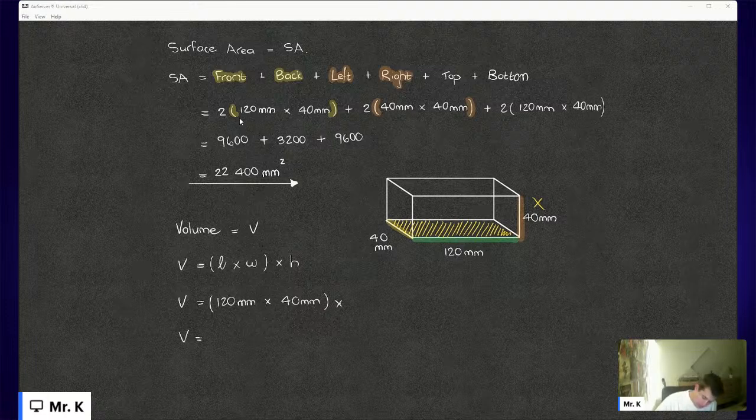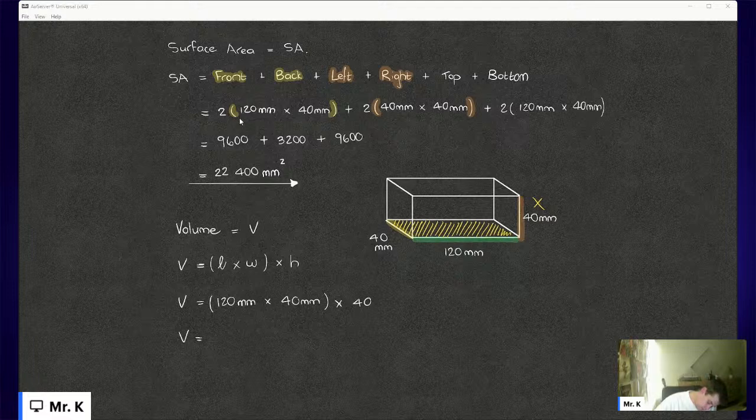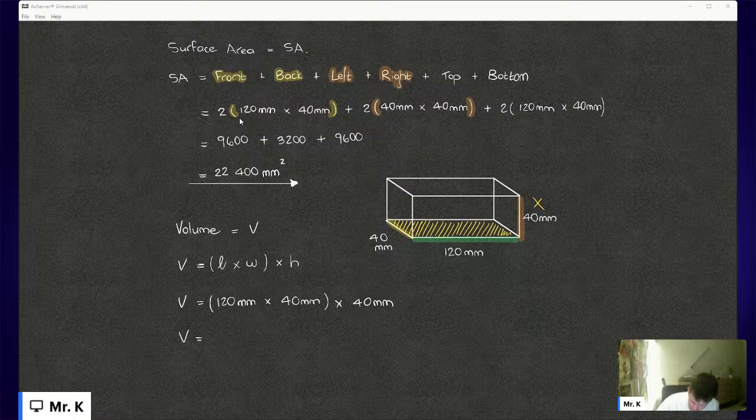But if we multiply by the height, look at what happens with all of the millimeters, all of the units. There's a total of 3 of them that are being multiplied together, right? Again, you can go and put this into your calculator if you wanted to, guys. 120 times 40 times 40 gives me 192,000 millimeters cubed.